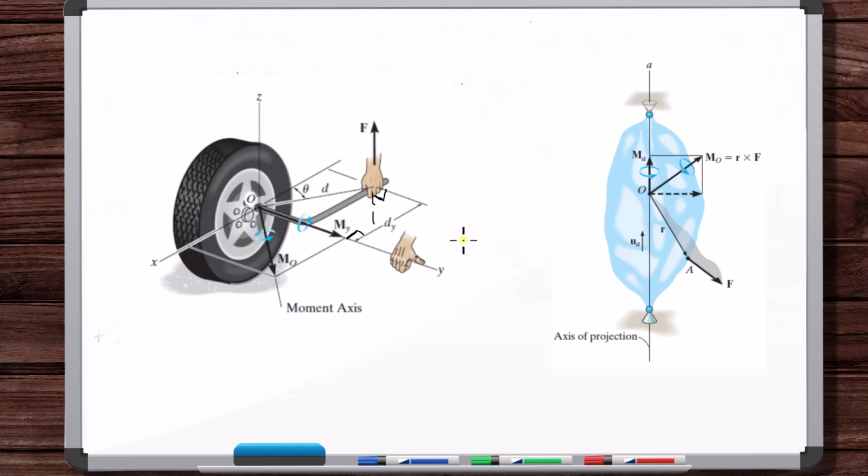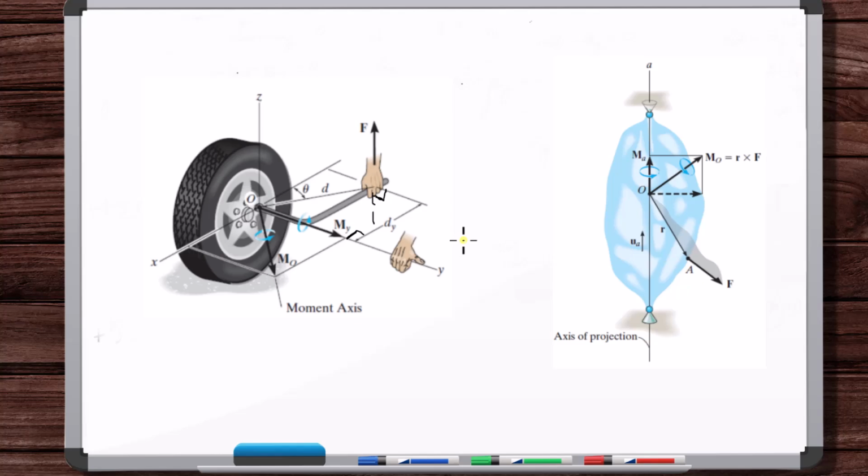Now you might be saying, wait a minute, isn't the moment vector going to be different depending on the point you pick? Because that's why we said moment vectors aren't sliding vectors. Yes, it will. But you still do that.